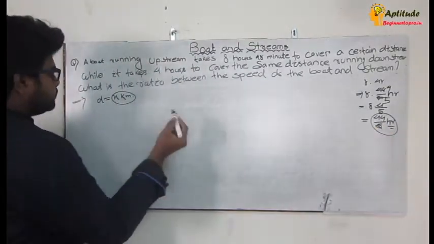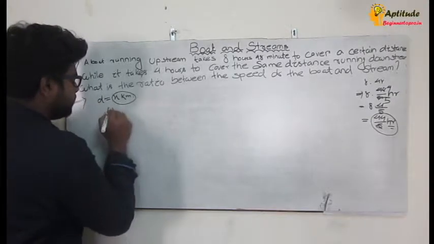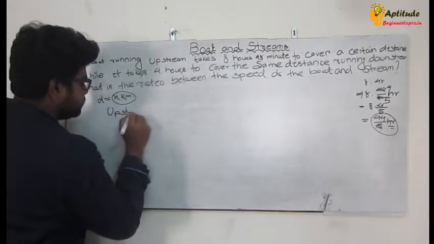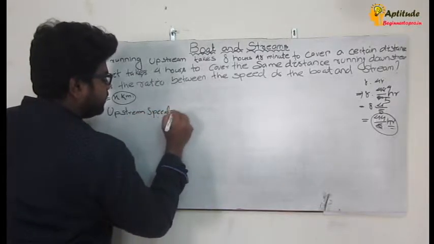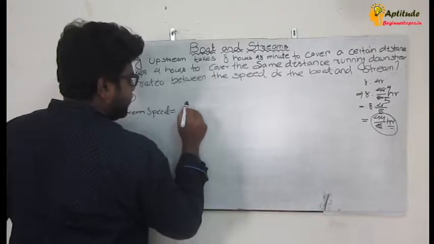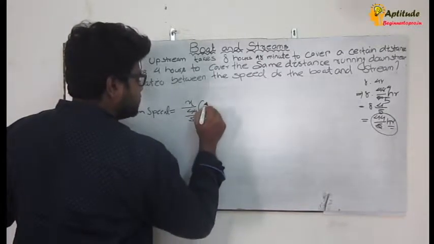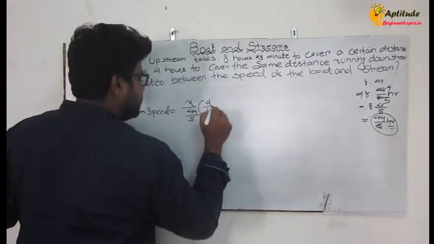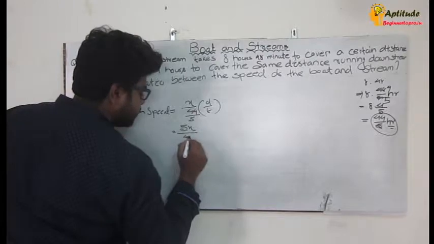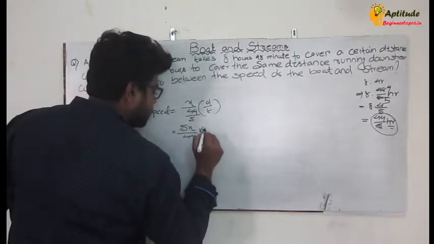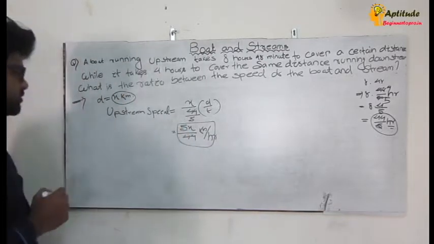So we can find the speed. Upstream speed will be x by 44 by 5, that is in the form of distance by time, that can be written as 5x by 44 kilometers per hour. This is our upstream speed.